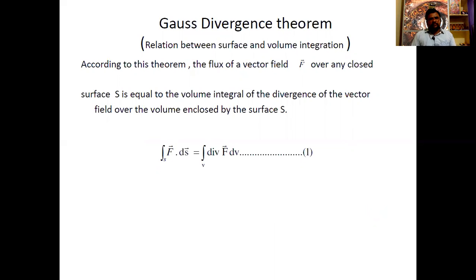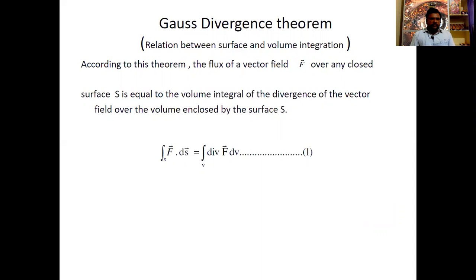According to this theorem, the flux of a vector field F over any closed surface S is equal to the volume integral of the divergence of the vector field over the volume enclosed by the surface S. Here F is a vector field, dS is a very small surface element on the surface, and dV is the volume element of the volume which is enclosed by the surface.